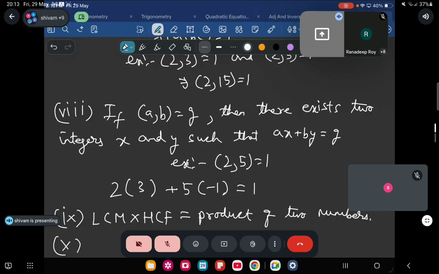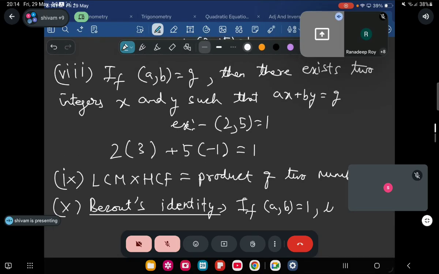Number 10. This is known as Bezout's identity. Everyone knows, I mean, those who were with me since 9, 10. That is, if GCD of A and B is equal to 1, then there exists some m comma n belonging to integers such that am plus bn is equal to 1.